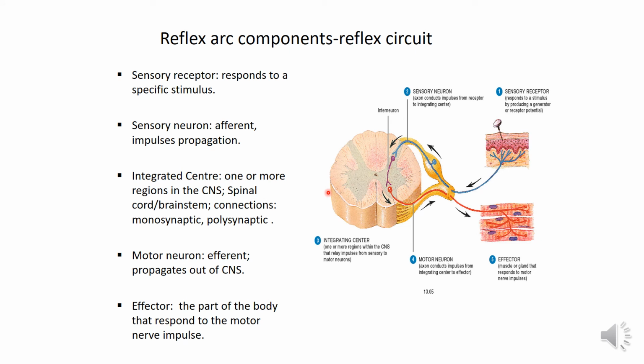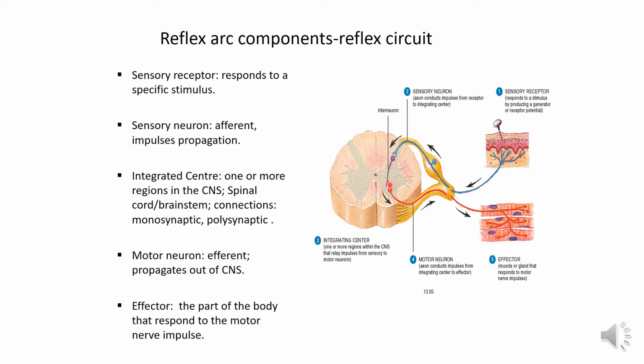The components of any reflex include sensory receptors, a sensory neuron carrying the information from the receptor to the central nervous system, and an interneuron, present in all reflexes except the stretch reflex, which is a monosynaptic reflex. So this interneuron is present in all the human reflexes except the stretch reflex, which is monosynaptic.